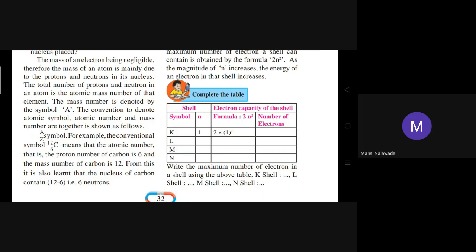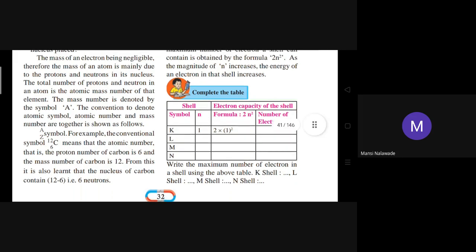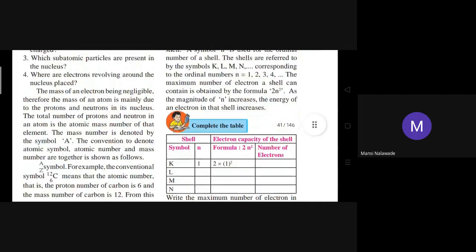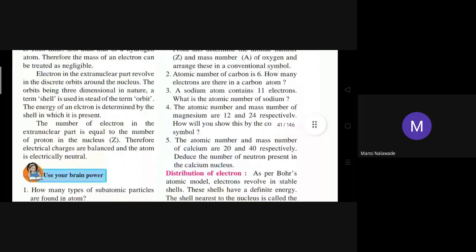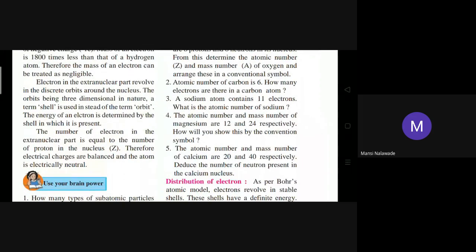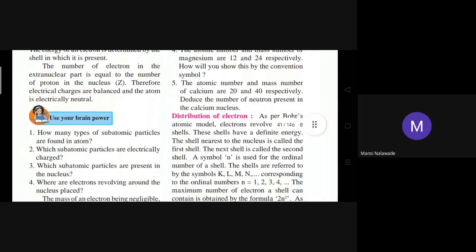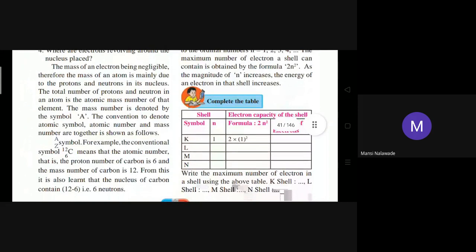For example, the conventional symbol for carbon: the mass will be 12, and what is our Z? The atomic number, the number of protons present in it, will be 6. Okay.